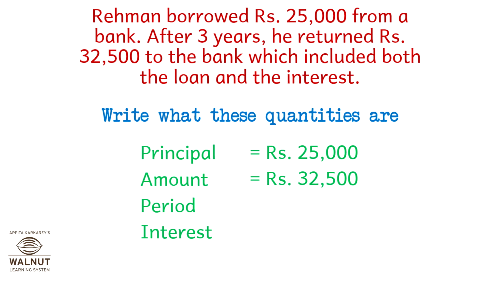Amount A is given as rupees 32,500. Period N is given as 3 years. And the interest: amount is equal to principal plus interest. Therefore, interest is equal to amount minus principal. Is therefore rupees 7,500.